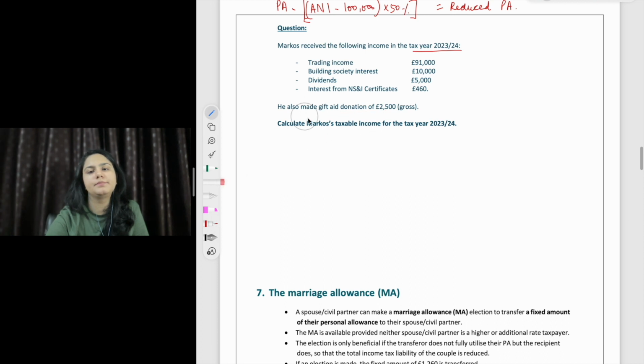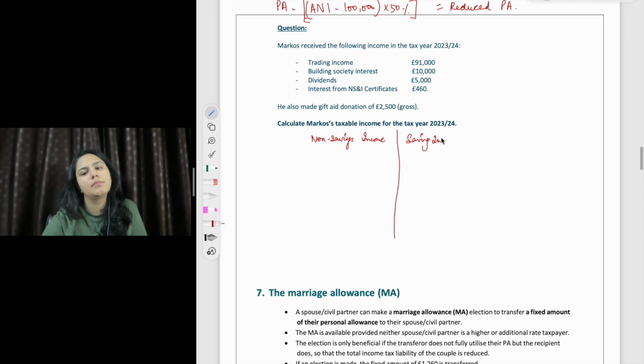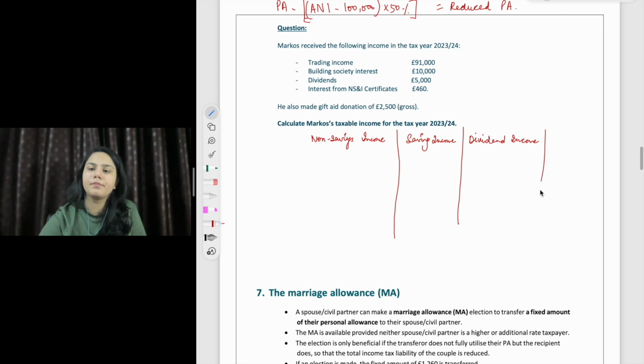So we have three different types of income: non-savings income, savings income, dividend income, and total.